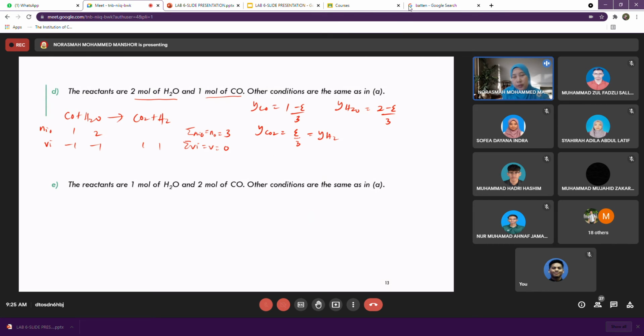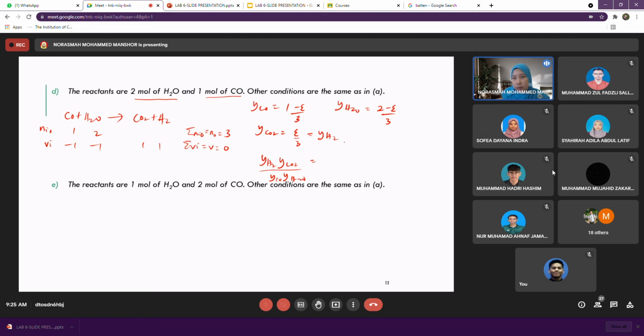So yang masuk dalam equation 13.28 tadi ataupun equation A tadi, YH2 YCO2 divide by YCO YH2O.